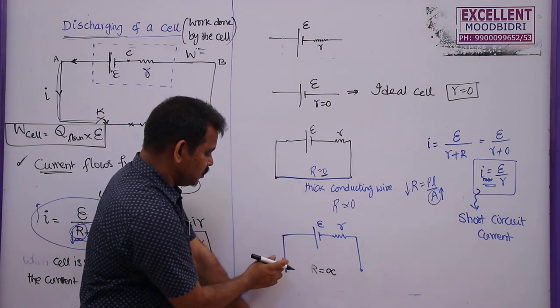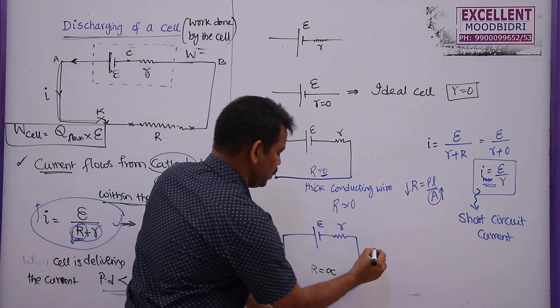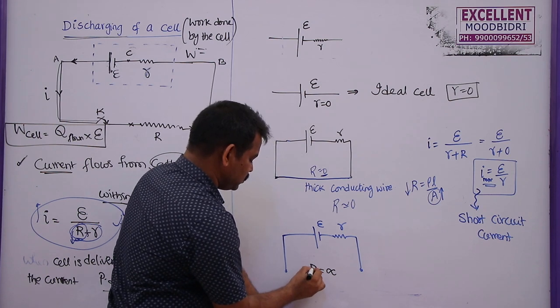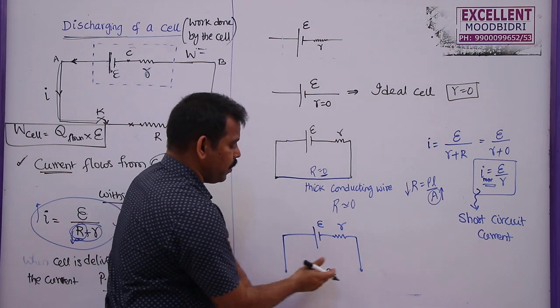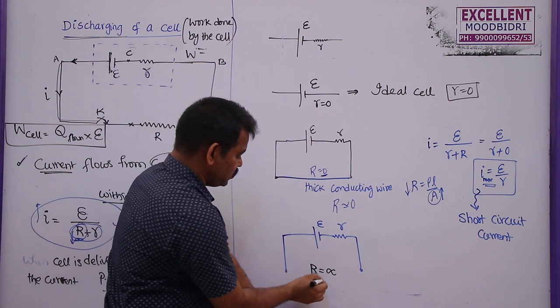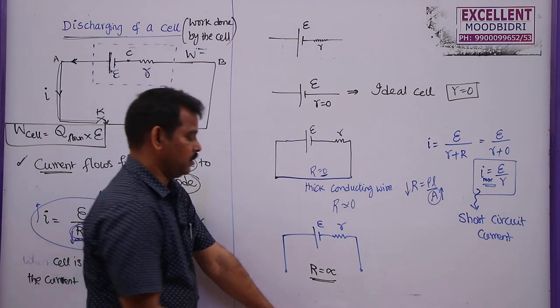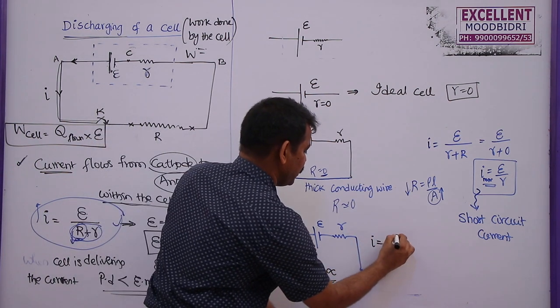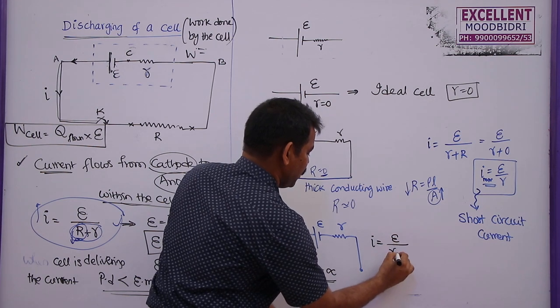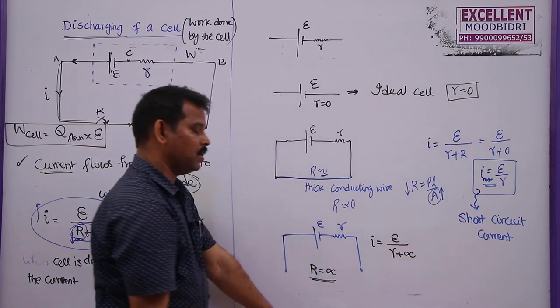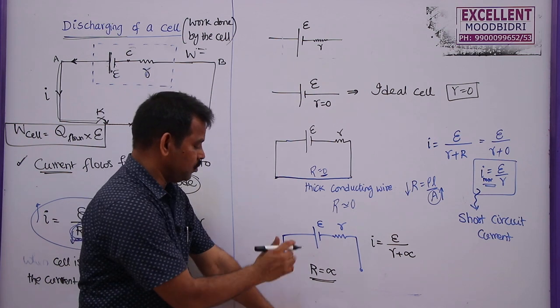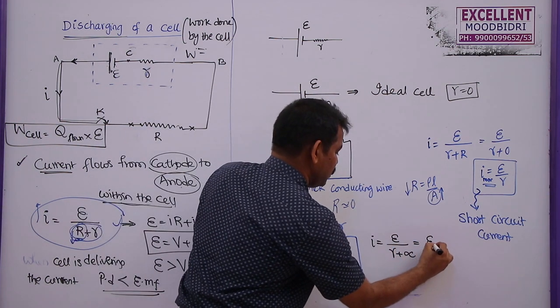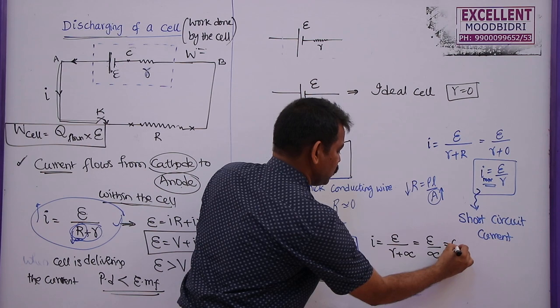Whatever current comes here cannot pass through. That's why the external resistance, when it is left alone with no wire connected between these two, should be taken as infinite. So now the current is given by E by r plus R, where capital R is infinite, because it is left alone. Now this becomes E by infinity, which is equal to 0.